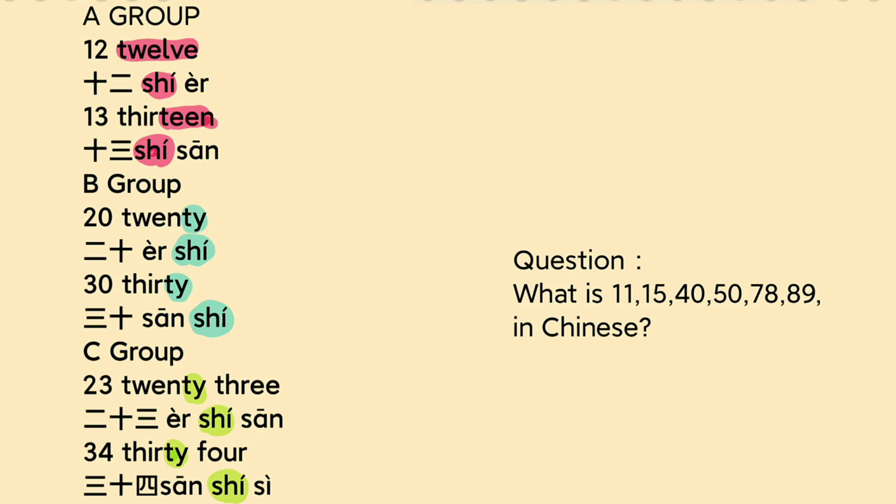And for the B group, like 20, you can also see that the 20 consists of 2 and 0, and 0 here means 10. So you just need to add the Chinese pronunciation of 2 in front of 10, then you get 二十, which means 20.